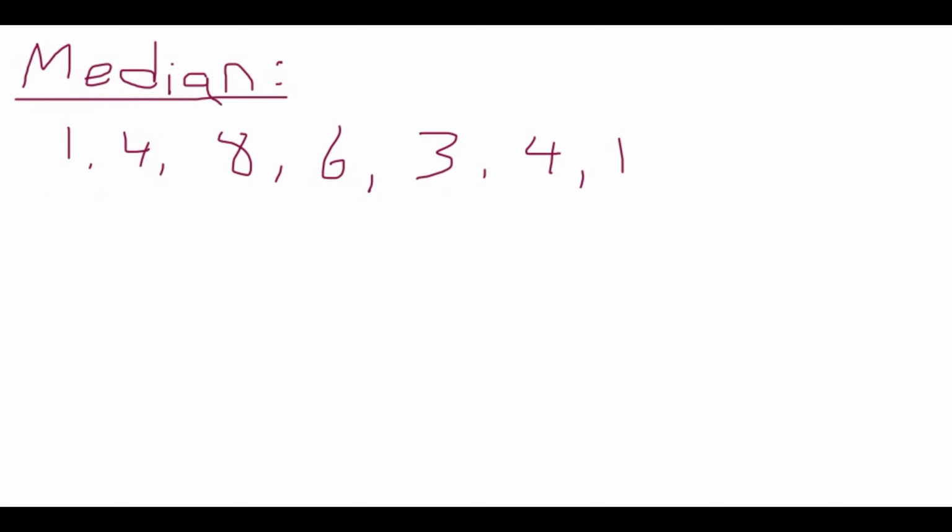So by yourself, try to reason, what is the middle number? When I say middle number, the number that is located at the center. What is the middle number? Well, I'm guessing that your answer might be 6 as the median.